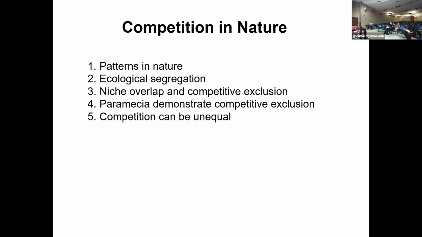Probably the best example, the one that people relate to most easily, is remoras. Remoras are little fish that attach themselves to the underside of a shark's jaw. They don't hurt the shark. They don't help the shark. So their effect on the shark is neutral.